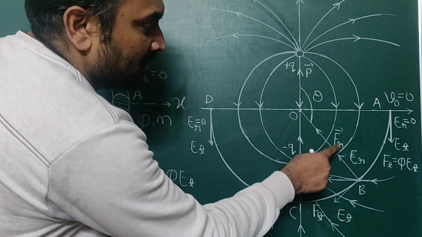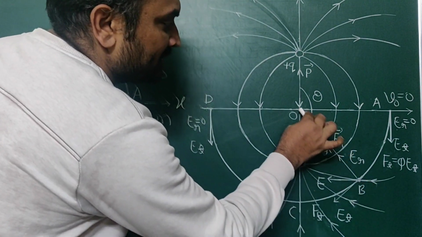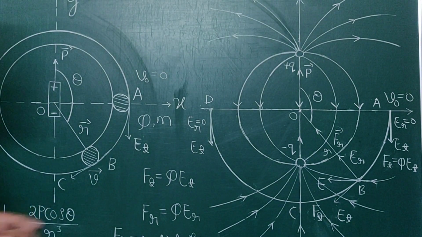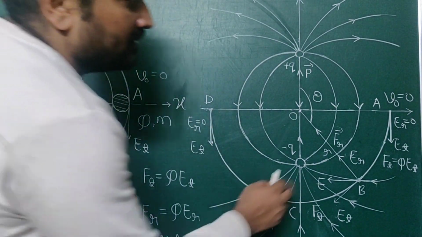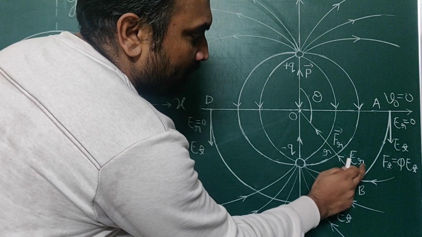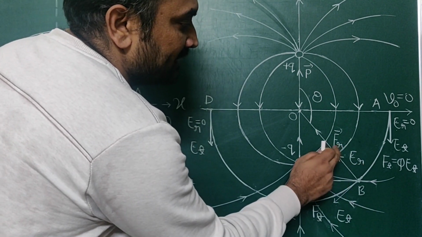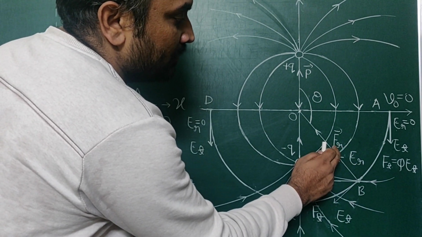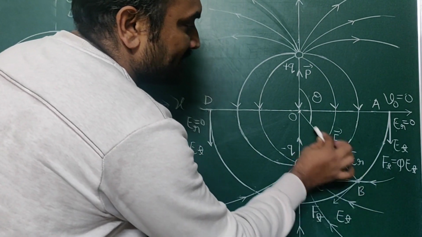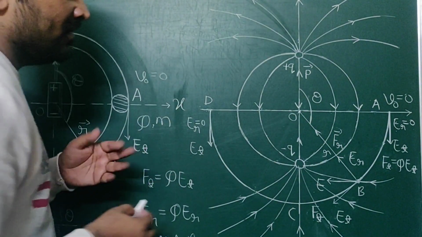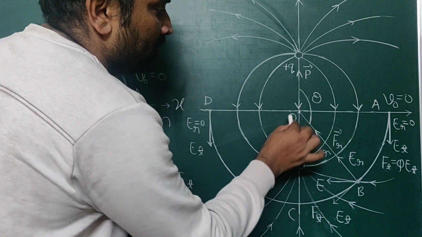This radial force also acts towards the center of the dipole. Here in the diagram you can see both the radial component of the electric field and the radial force acting on the bead, both acting towards the center of the semicircular path or towards the center of the dipole O.